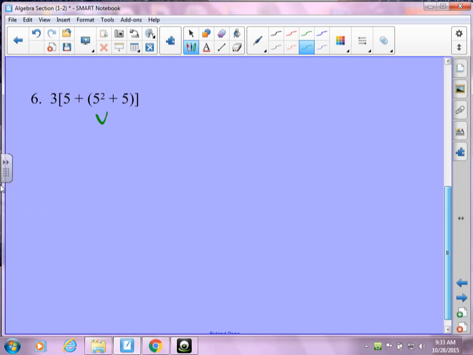So 5 squared is 25, and then I put all that other stuff around it. And notice, I technically could take that bracket out and put a parenthesis, but I keep it in there because you don't see it very often, and I want you to get used to it. I don't want you to see that bracket and go, oh my gosh.